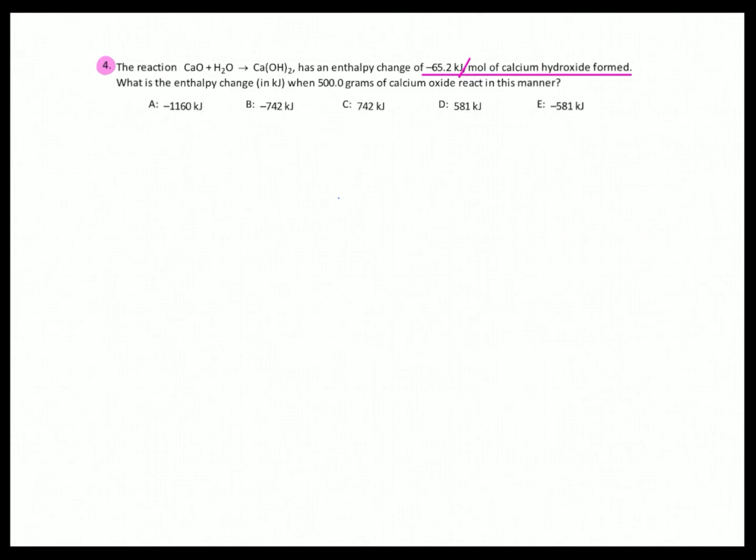In this instance, there happens to be a 1 in front of calcium hydroxide on the product side of the balanced chemical equation. What I need you to understand is that this allows you to write the relationship negative 65.2 kilojoules per 1 mole, because this is what it says, of the calcium hydroxide.